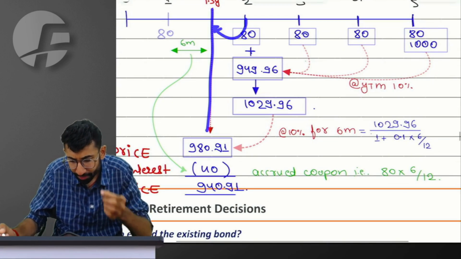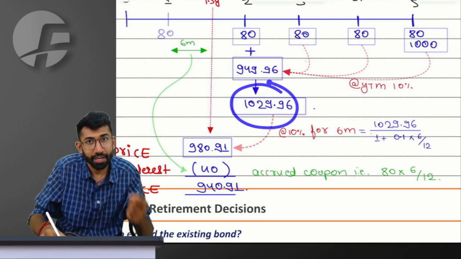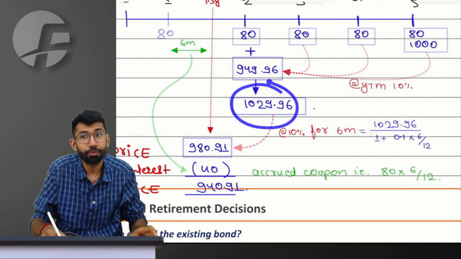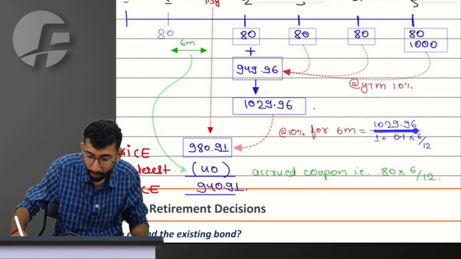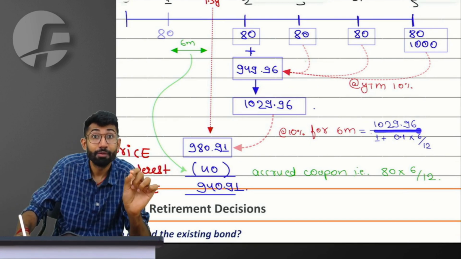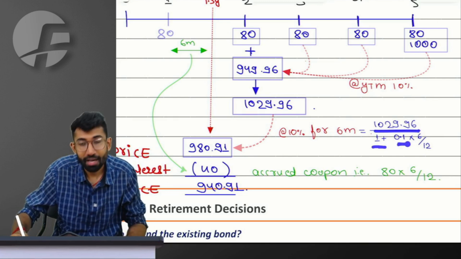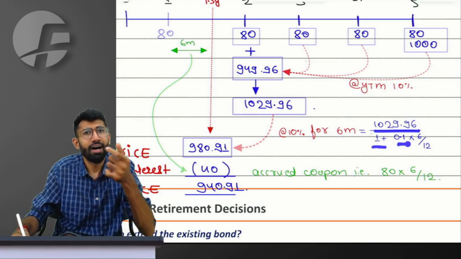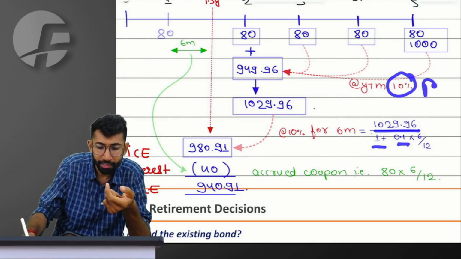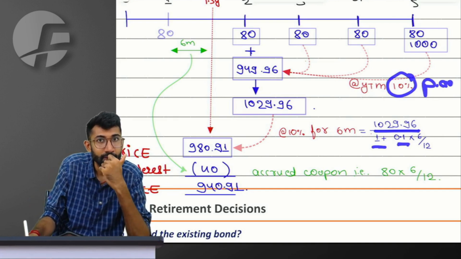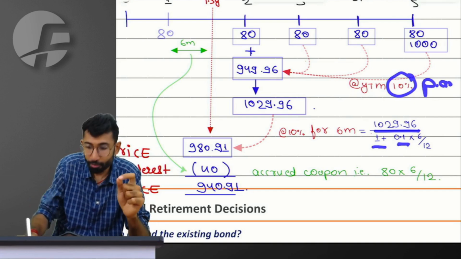So let me simply discount this amount at the rate of 10%, but only for a period of 6 months. 1029.96 divided by 1 plus R. But R, which is 10% YTM, is obviously a per annum YTM. I need to discount it only for a period of 6 months.